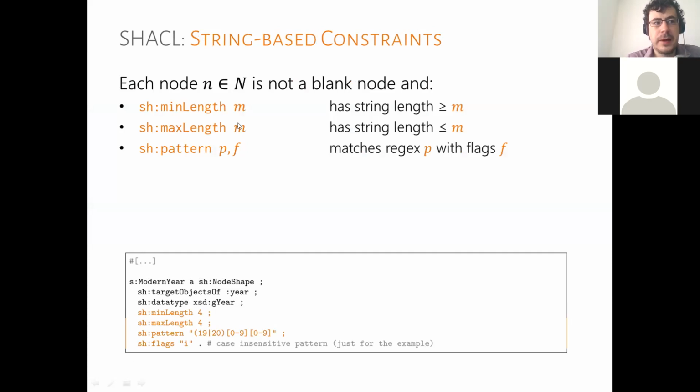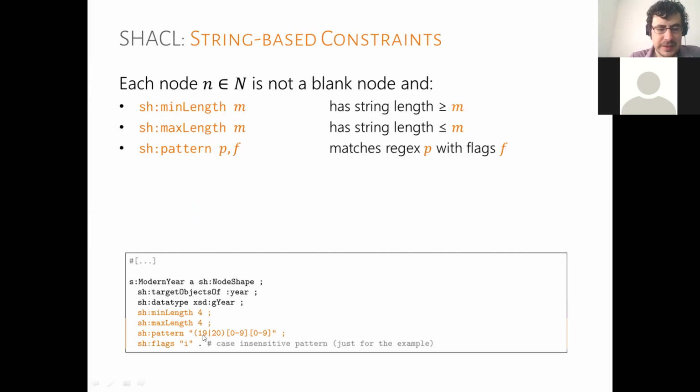We can also do constraints based on strings. We can apply regular expressions to strings, and make sure the string has a length of at least m or at most m. We can also specify regular expressions that the strings should match. If we wanted to check the years, for example, we could say every year should have precisely a length of 4 by saying min length 4, max length 4.